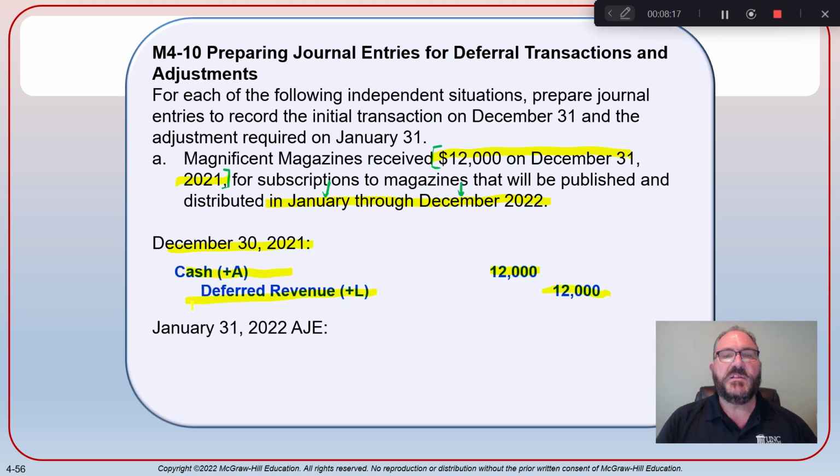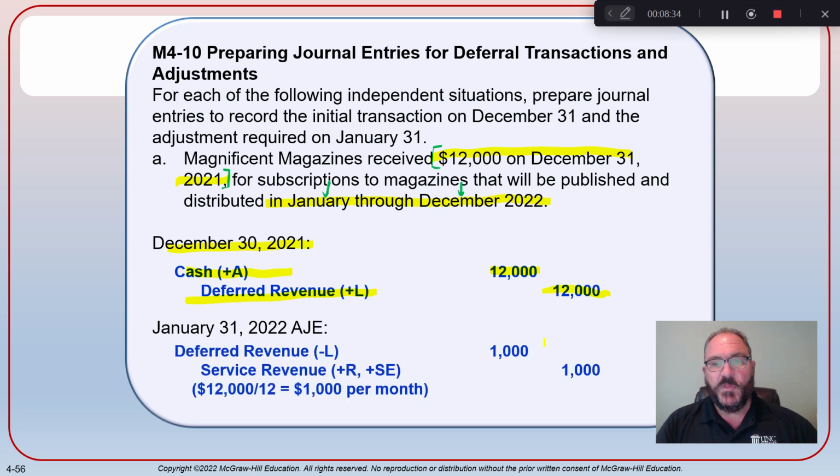Now here you have to make the assumption that they're doing it evenly throughout the year because they're a monthly magazine subscription, okay? So in the month of January, that's 1 out of 12 months, right? How much of that $12,000 will they have earned? Well, 1,000 of it, right?